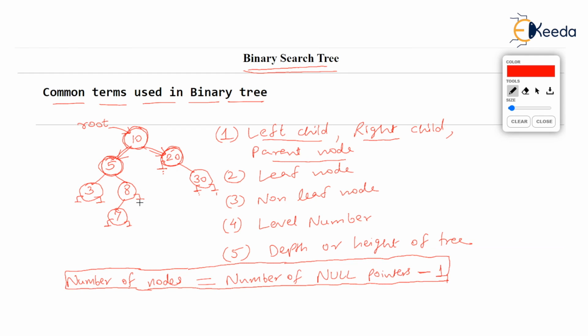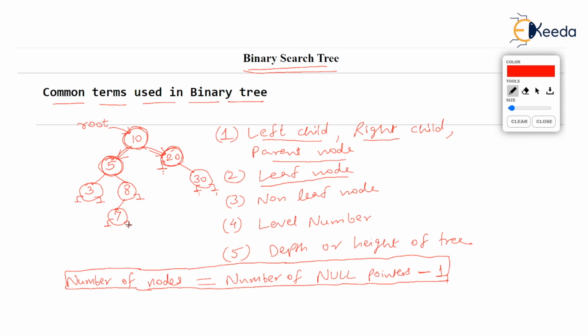The next term is leaf node. Now a node is leaf if it does not have any children. Like 7 is not pointing to left child, neither right child. So 7 is a leaf node. You can alternately say that a node is leaf if both pointers left and right are null.